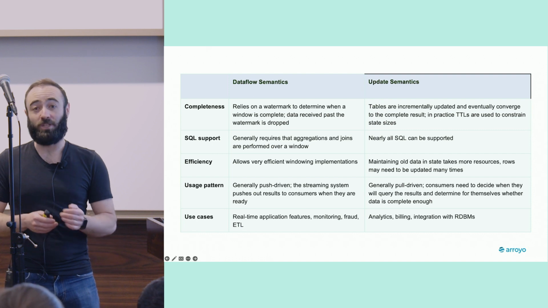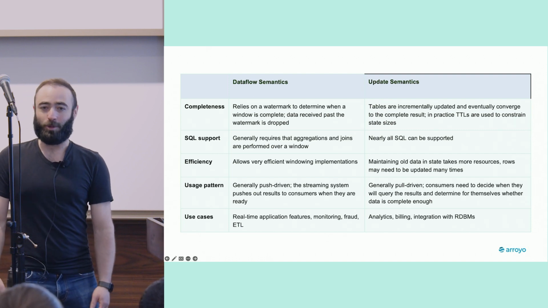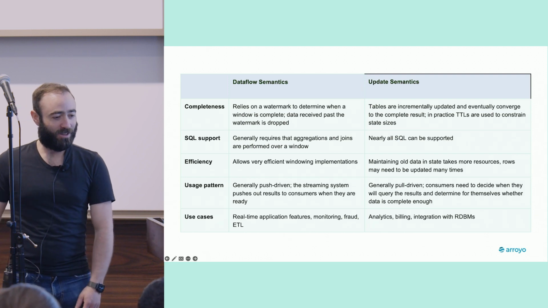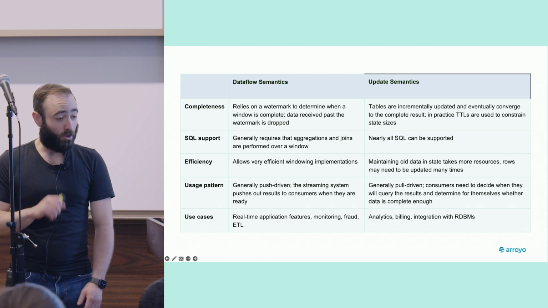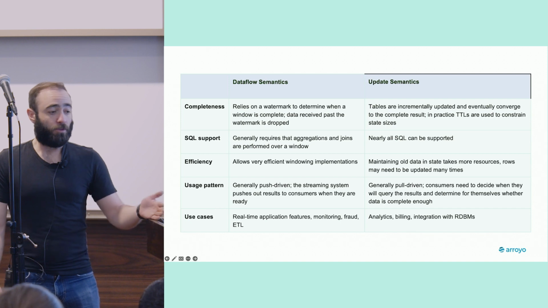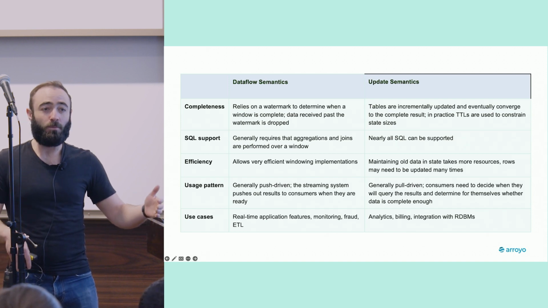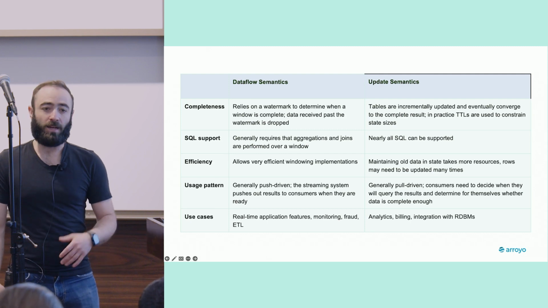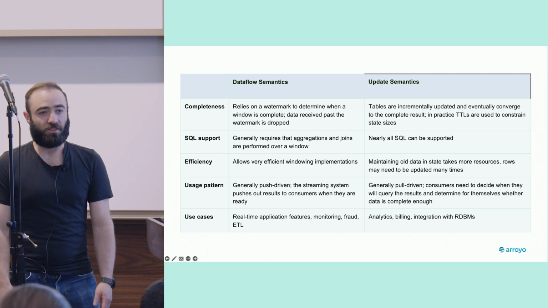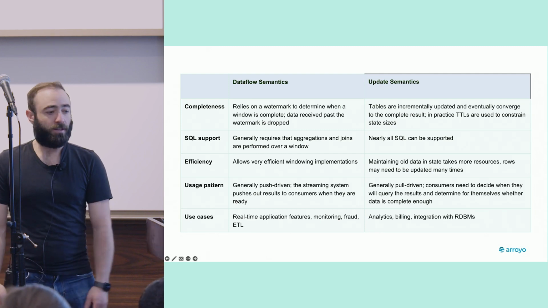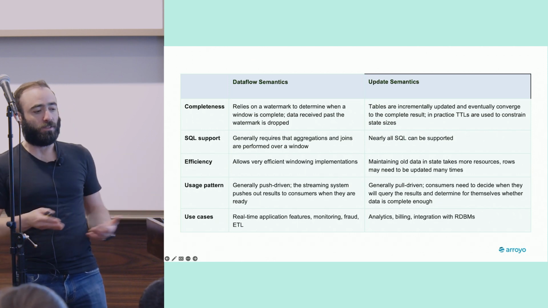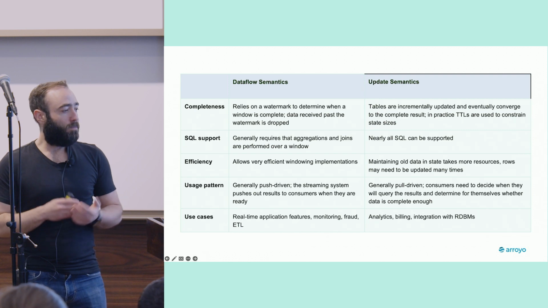Materialize have gone extremely deep in that. They support crazy recursive CTEs and all sorts of obscure features that I think no one uses. But it's very cool. In terms of efficiency, the dataflow systems tend to be more efficient because we process these windows once the watermark passes, whereas update systems have to do work on every event. And in terms of how these are used, the dataflow systems are generally more push-driven.